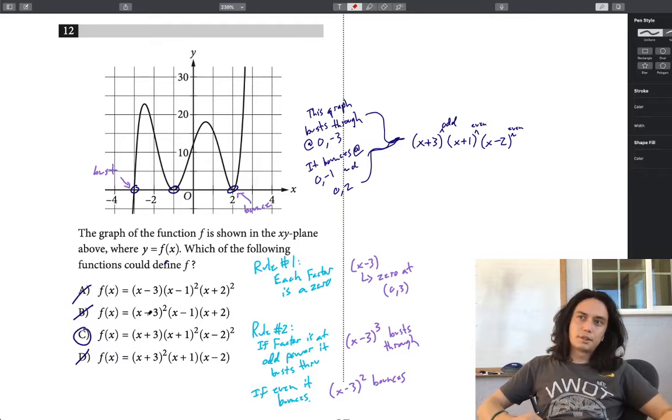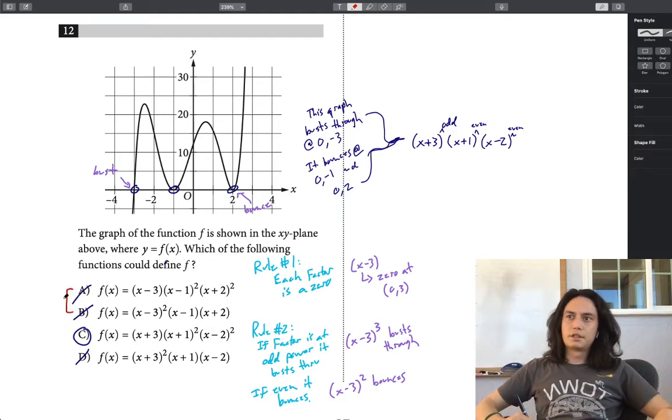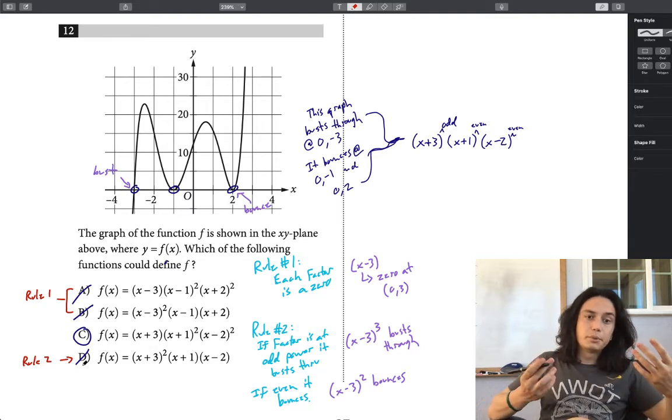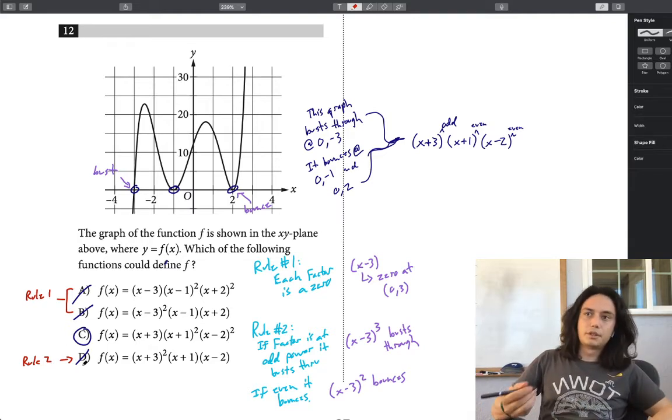That's the way to mess it up if you hit A or B. And D is testing whether you understood the odd even bounce rule. So you could even just cleanly say these ones are rule 1, and this is rule 2. And you need to follow both of these rules in order to get it right.